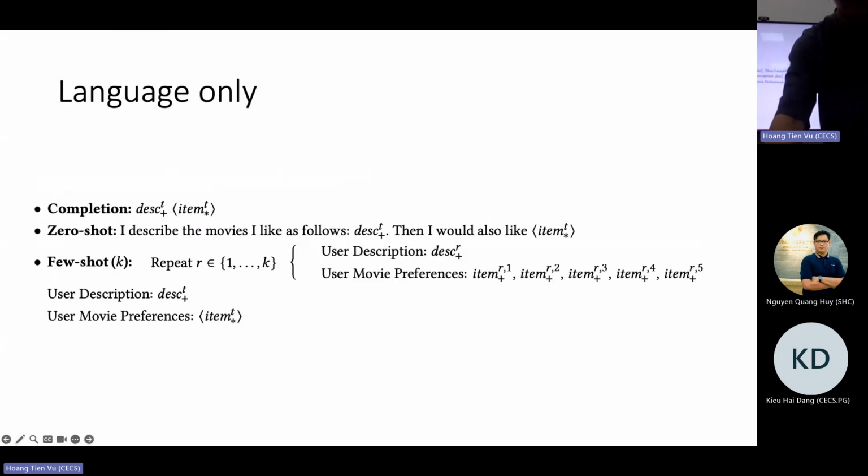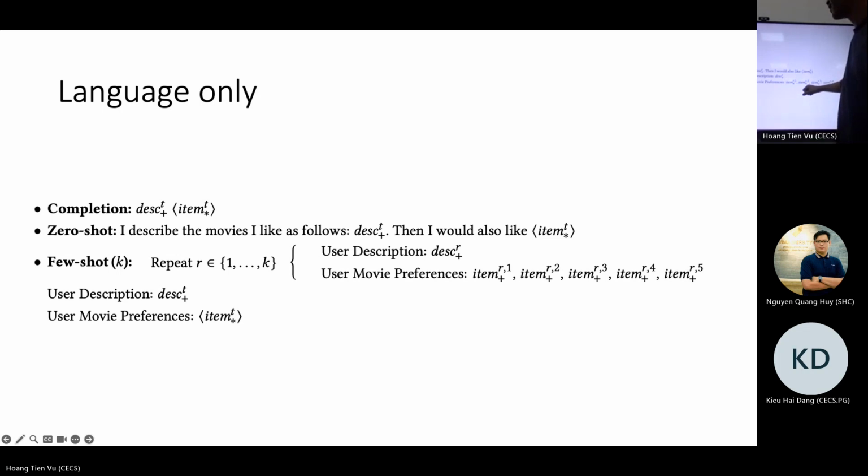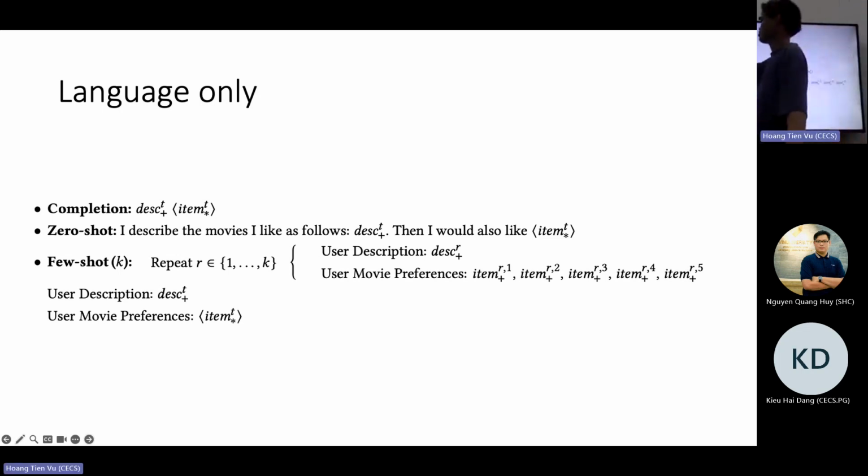In this case, we will have some description. We only use the description to fine-tune the large language model. If we have a description about positive items a user likes, we predict a movie from the movie pool that the user likes.